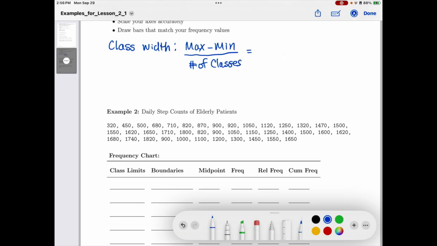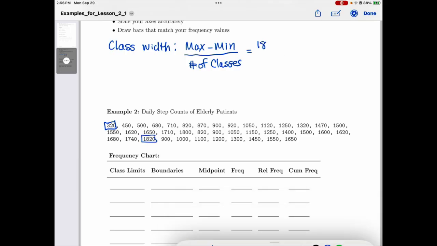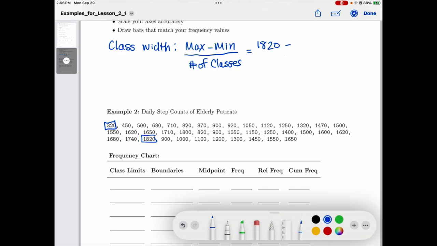In our case, the smallest number is 320, and our largest number is 1820. So I'm going to take our maximum value, which is 1820, subtract 320, and divide by 5.